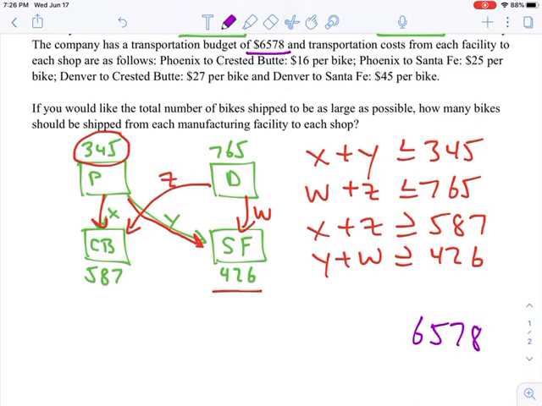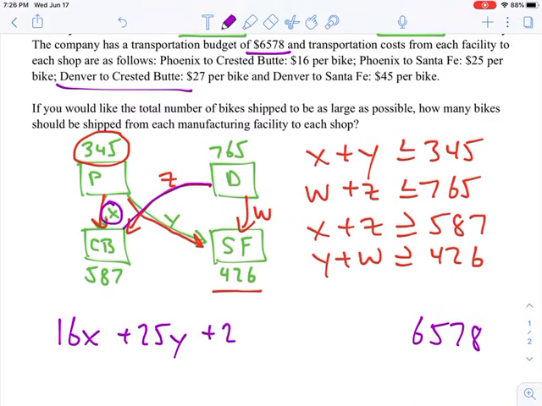From Phoenix to Crested Butte is X, and that's $16 per bike, so $16 times the number of bikes. Phoenix to Santa Fe is Y, and that's $25, so 25 times Y. Denver to Crested Butte is Z, and that's 27.